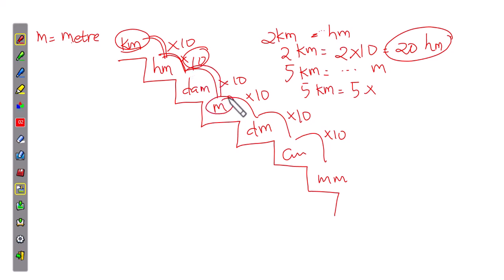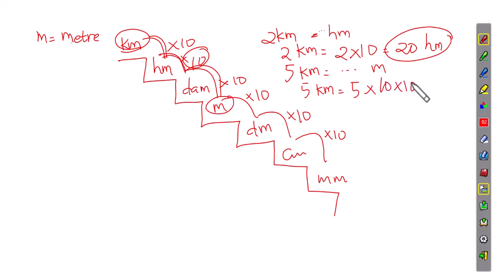So we times it by 10 three times: times 10, times 10, times 10. Then the result must be 5,000 meter. So here is the way to convert units of length from the top one.